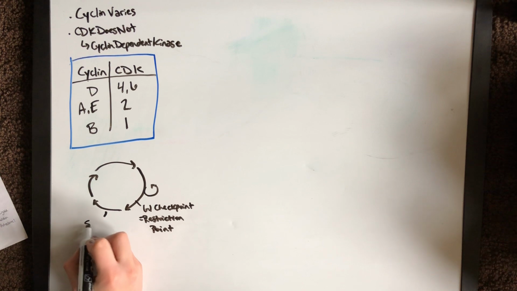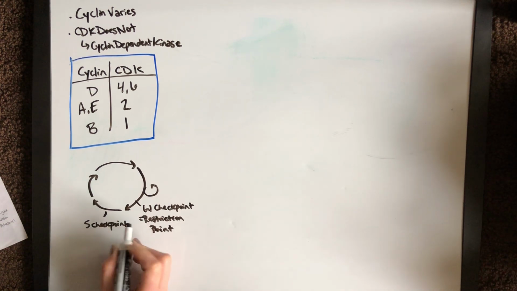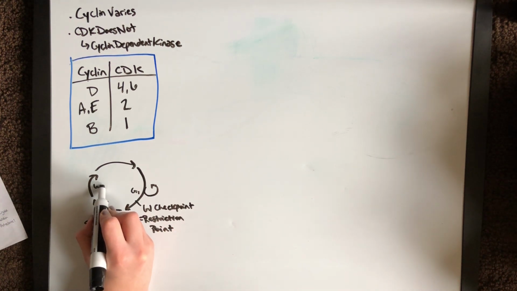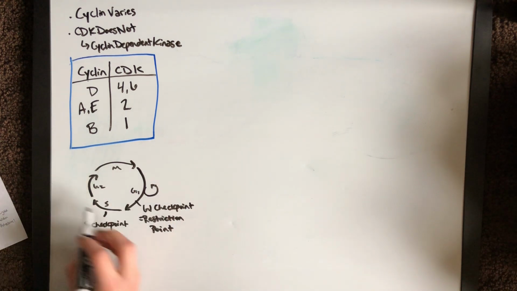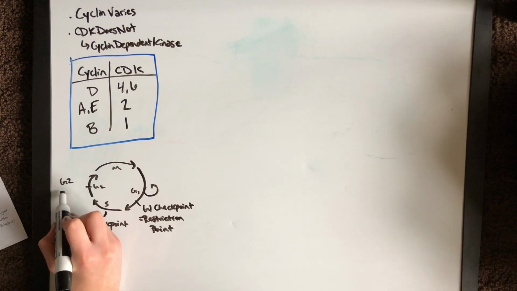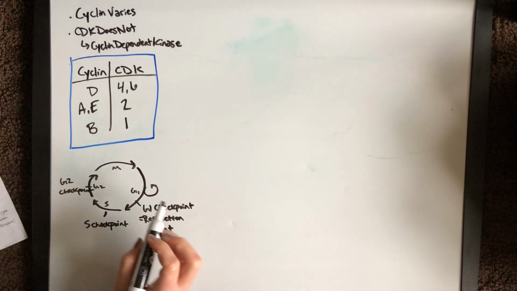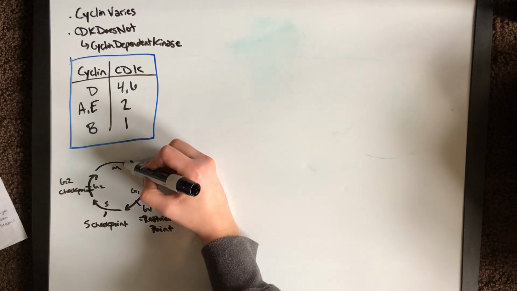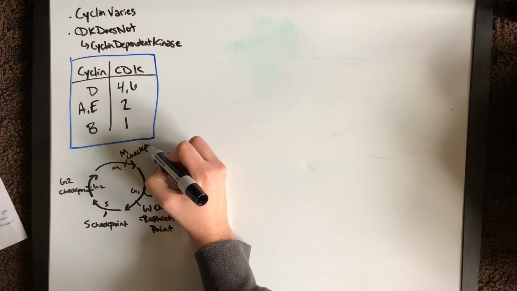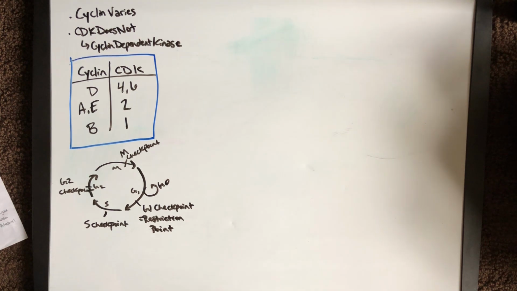So we've got our S checkpoint. So this is our G1 phase, S phase, G2, M phase. So G2 has a G2 checkpoint. And then we have an M checkpoint. And then G0 doesn't have a checkpoint, it's just G0.